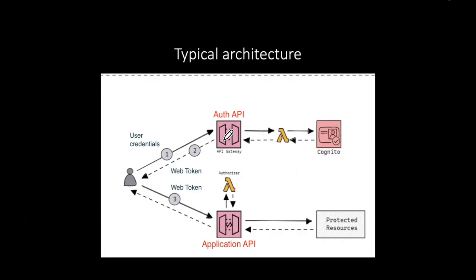One gateway deals with all authentication related requests. In other words, log in, log out. The other gateway deals with requests to access your backend functionality. And there's lots of Lambdas scattered around here, as you can see.